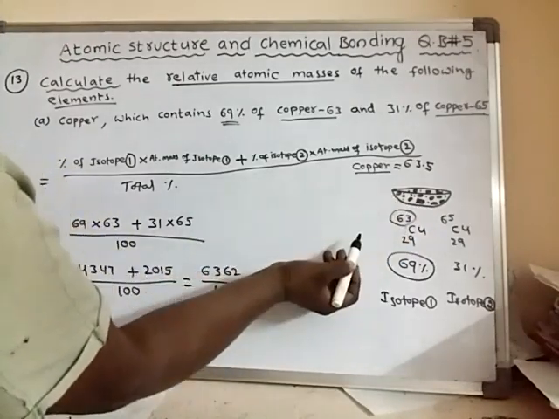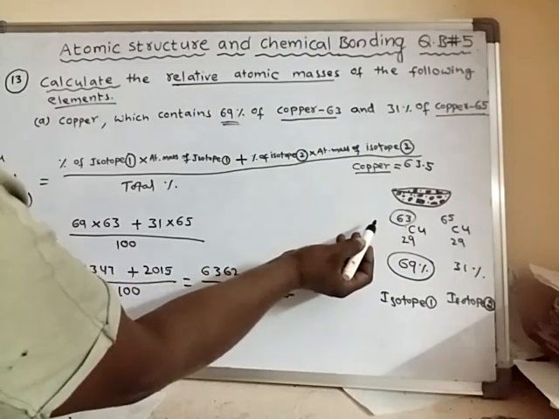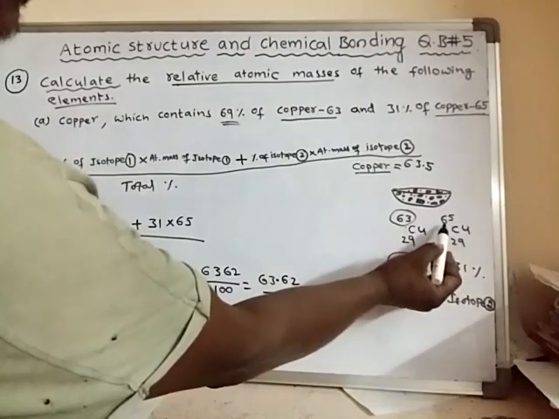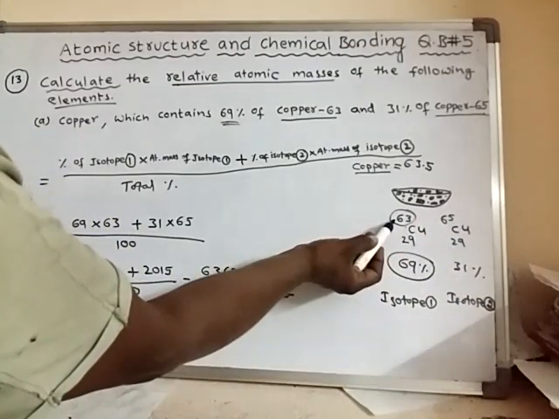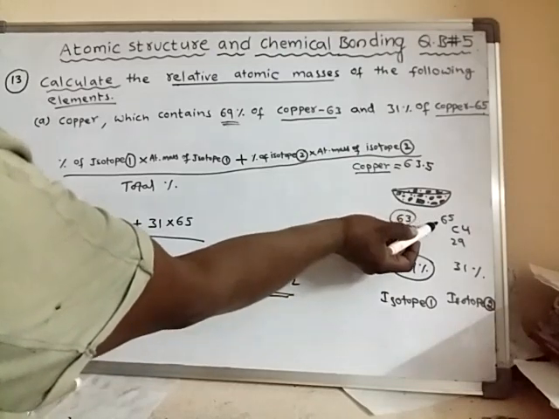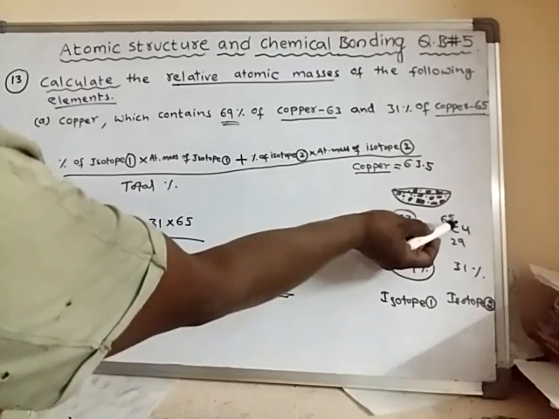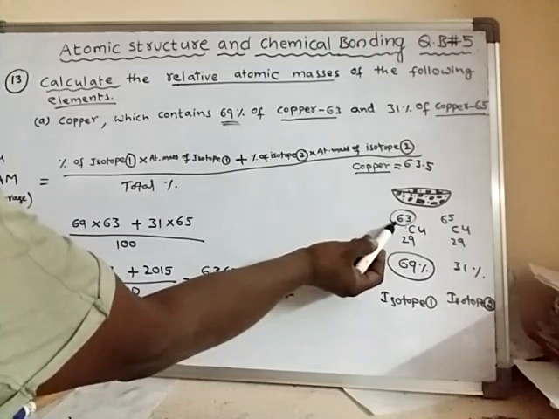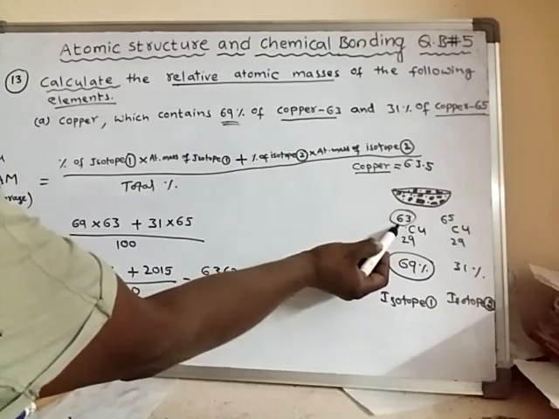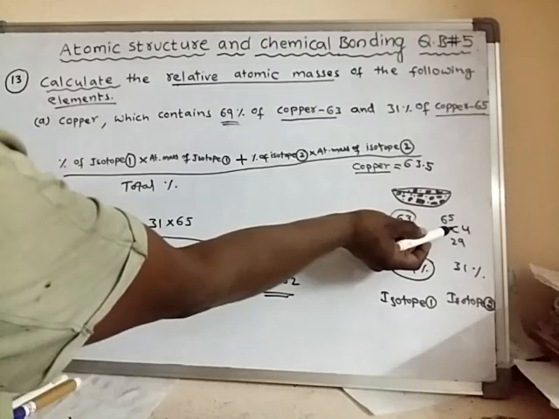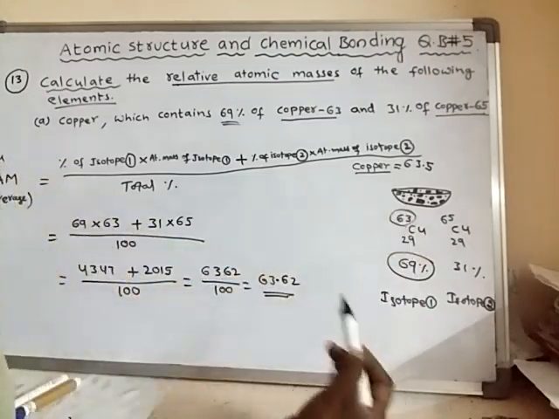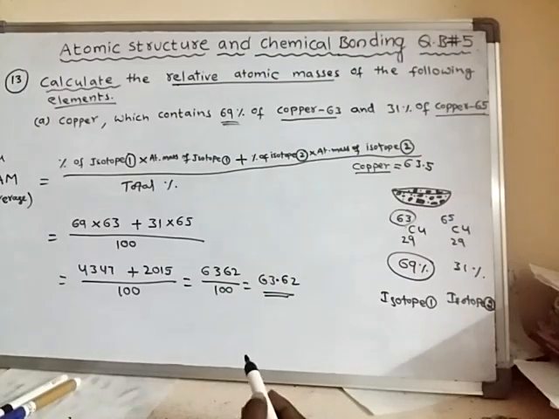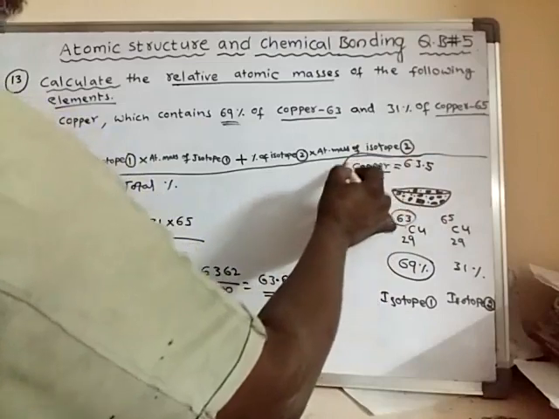We cannot say that the atomic mass of copper is 63, or that it is 65, because if you say it is 63, there are some other copper atoms which have atomic mass 65. So how should we express the atomic mass of copper?